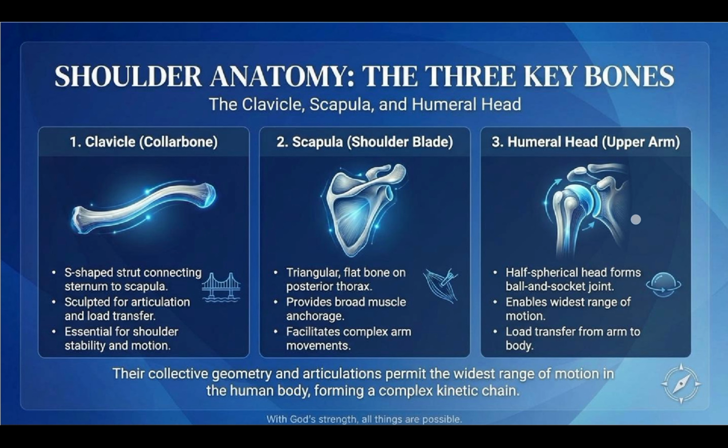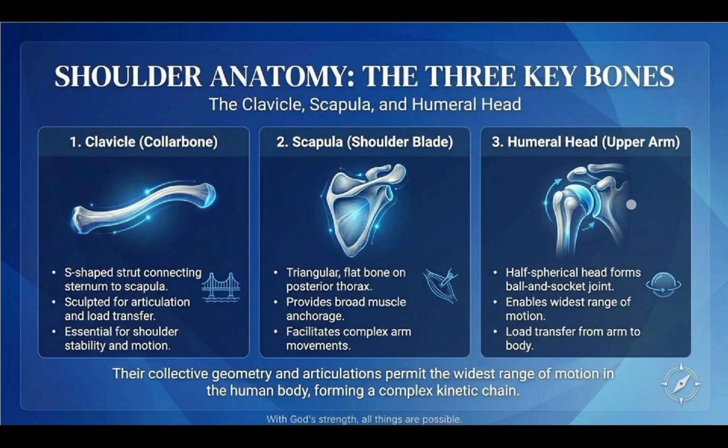It enables the widest range of motion. One of the widest ranges of motion we have in the upper limbs is at the glenohumeral joint, because the head is bigger and the glenoid cavity is smaller. Therefore, this leads to what we call circumduction.